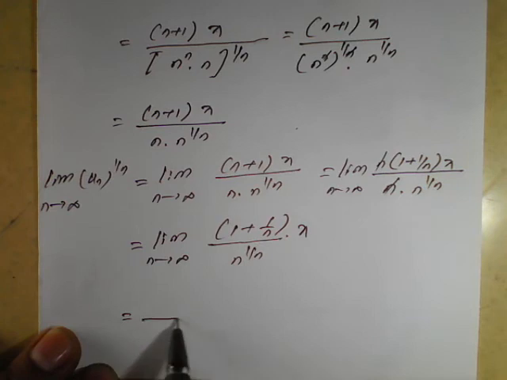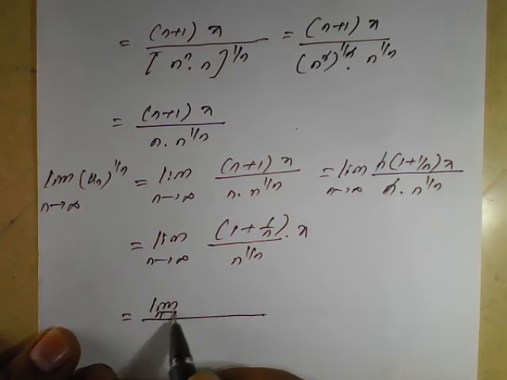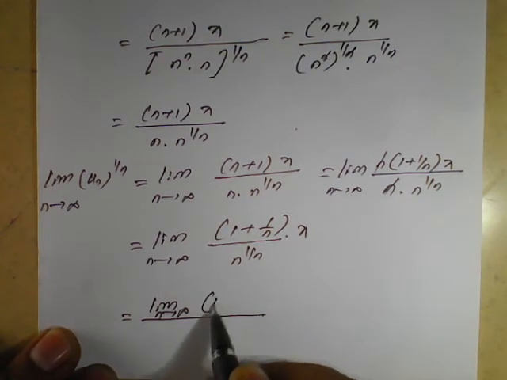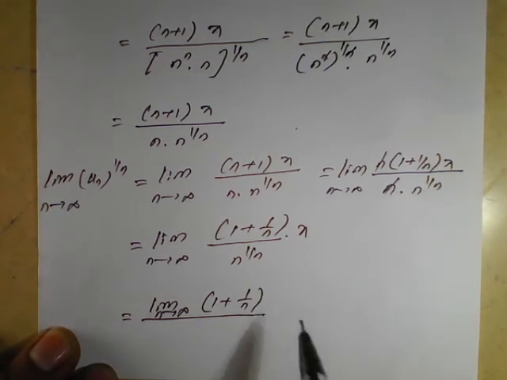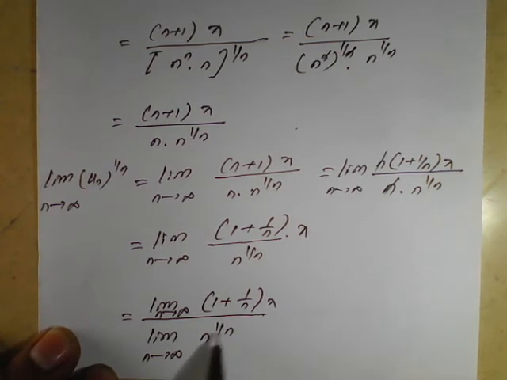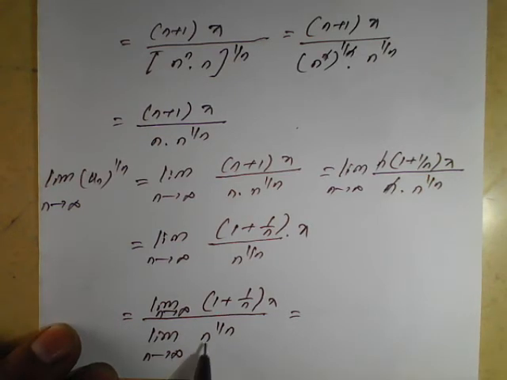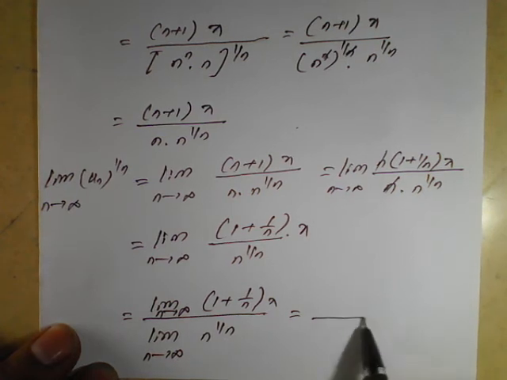Just see here: limit n tends to infinity for the numerator, (1 plus 1 by n) into x, divided by limit as n tends to infinity of n raised to 1 upon n, because we know a few of the standard results, so to apply that we need to work it out. For the denominator, limit of n raised to 1 upon n as n tends to infinity is always 1.